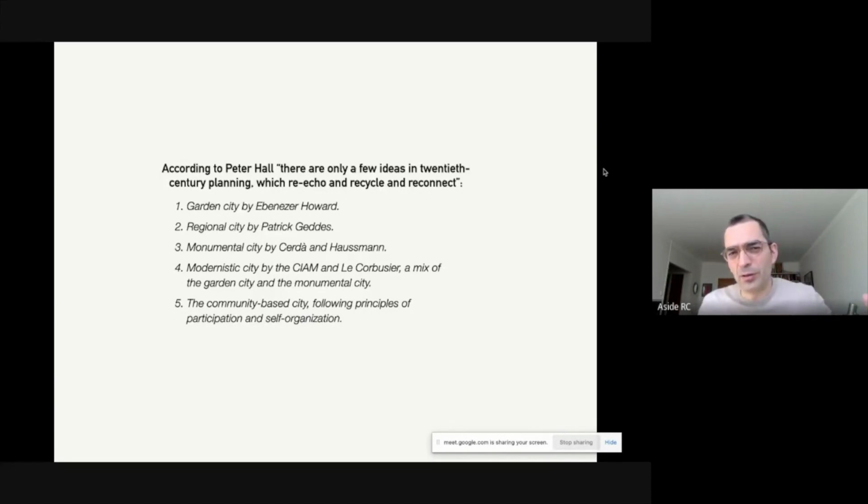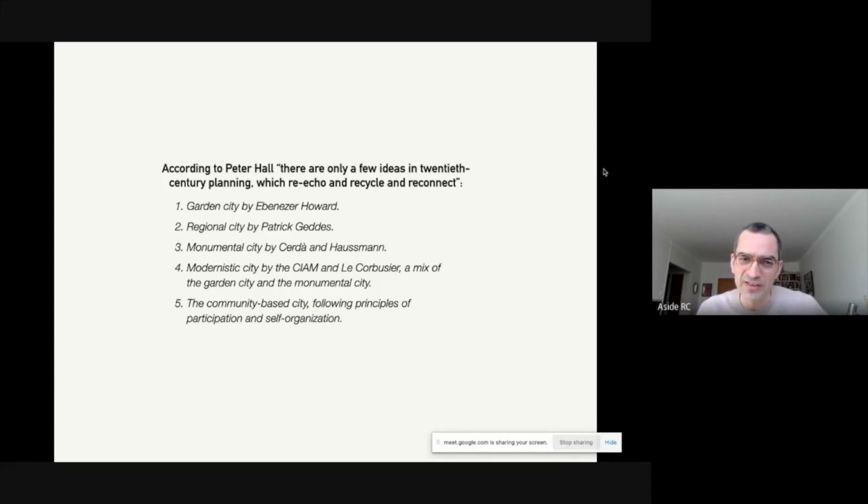So for Peter Hall, both are examples of the same type of city, which he calls monumental. I would perhaps disagree here a little bit, but anyway, I think the analysis he makes here is interesting. Then the fourth would be the modernistic city.